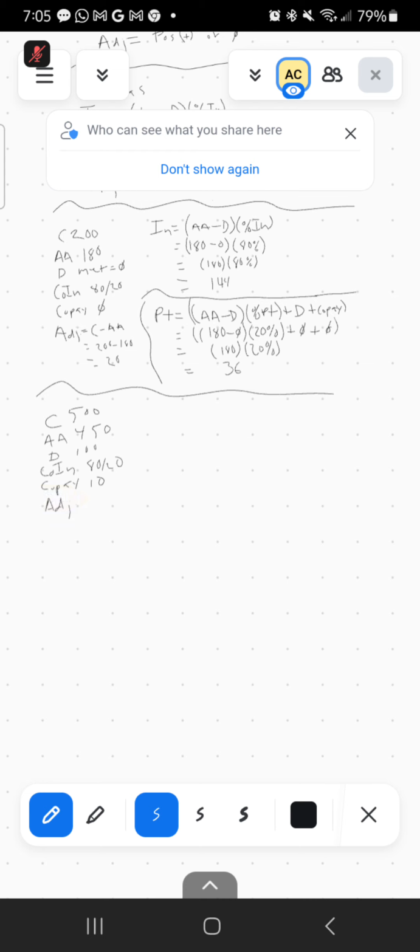The question might say charges for $500 were sent to an insurance company from a provider that has an allowed amount of $450. The patient has $100 pending deductible. Co-insurance is 80/20. Patient has a co-payment of $10 for this visit. And the question after that will say how much the insurance has to pay.